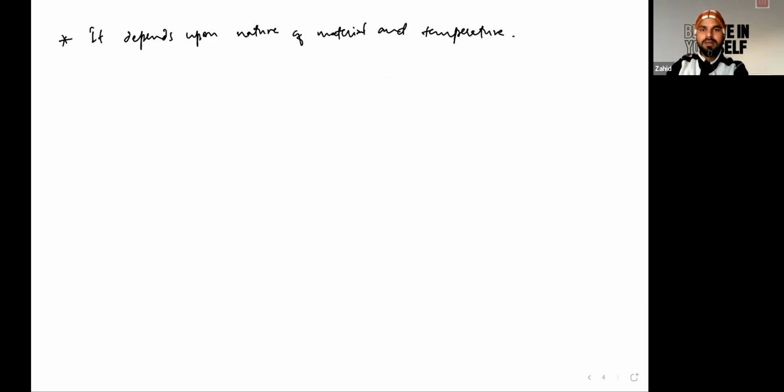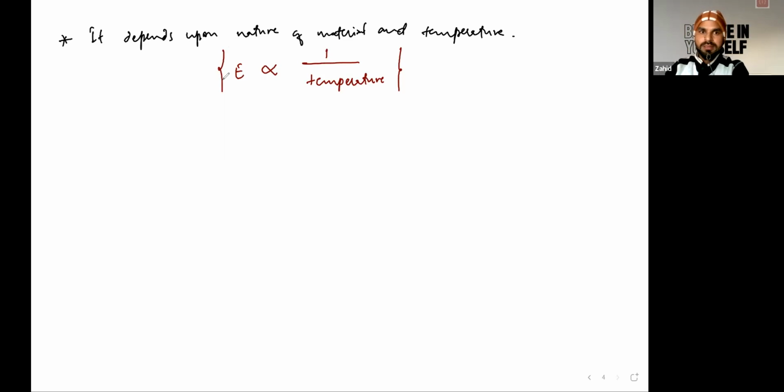So you'll say, if you increase the temperature of a substance, there will be weakening of the bond between particles. So if the bond gets weakened, particles get separated from their original position. So if separation between the particles increases, there will be lesser possibility of returning to the original state. It means it decreases the elastic behavior of the substance. So you'll say modulus of elasticity is inversely proportional to temperature.